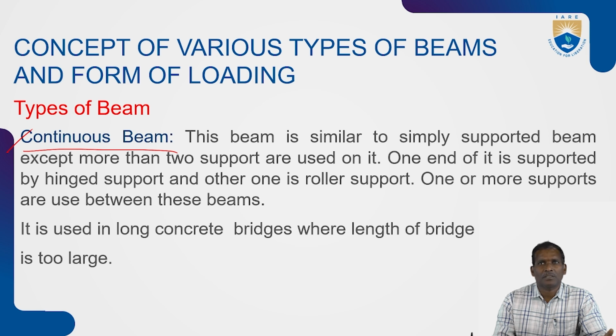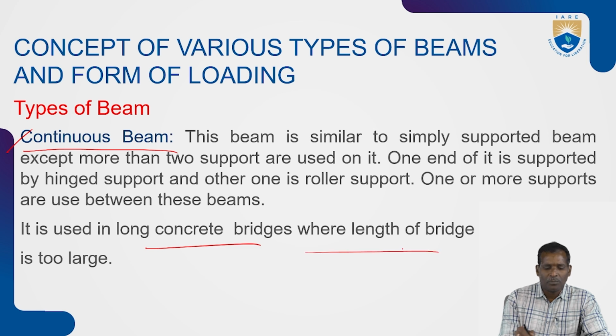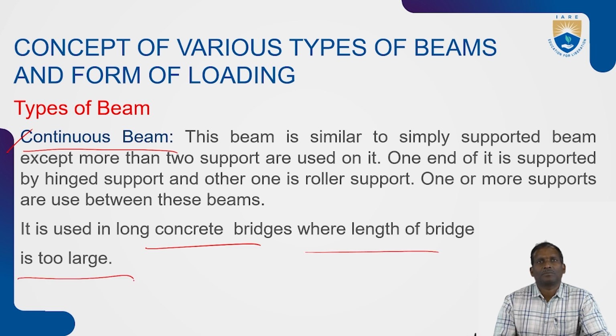One end of it is supported by hinged support and the other one is roller support. One or more supports are used between these beams. It is used in long concrete bridges where the length of the bridge is too large.